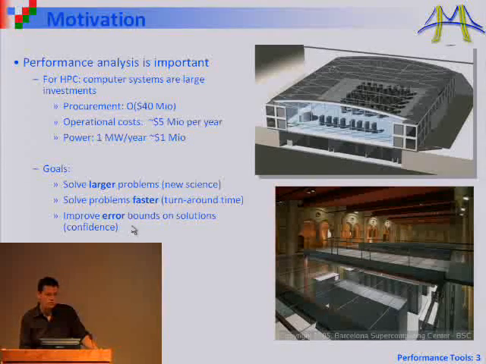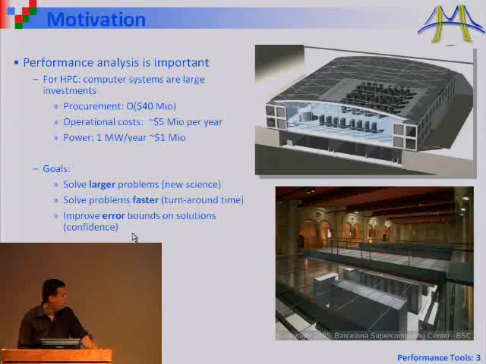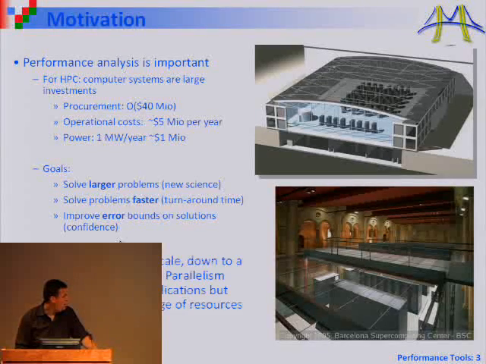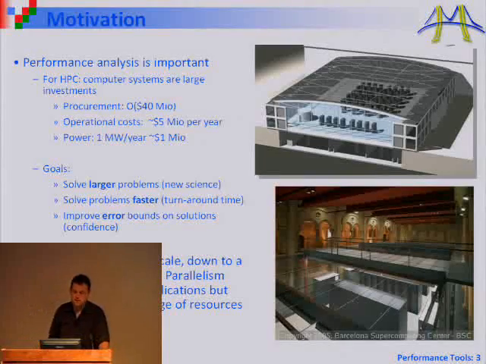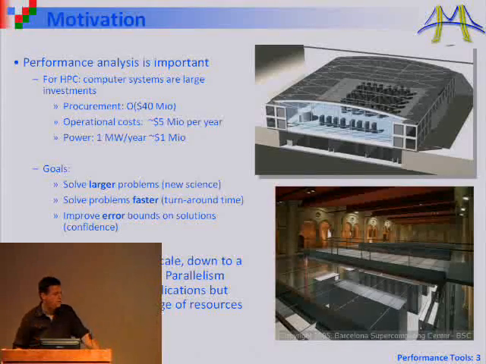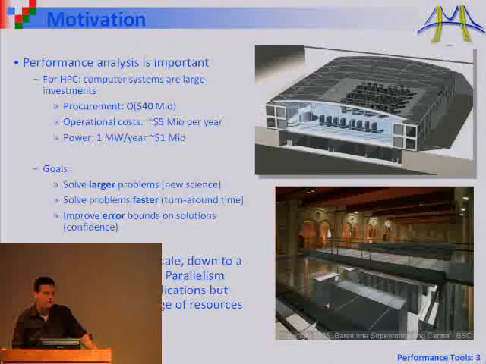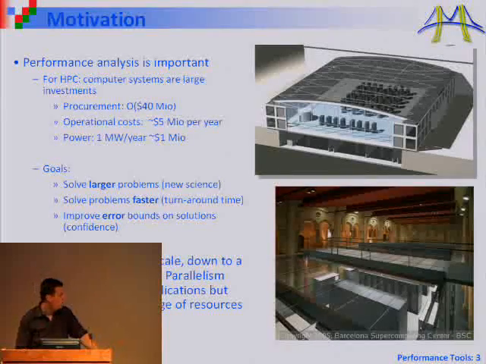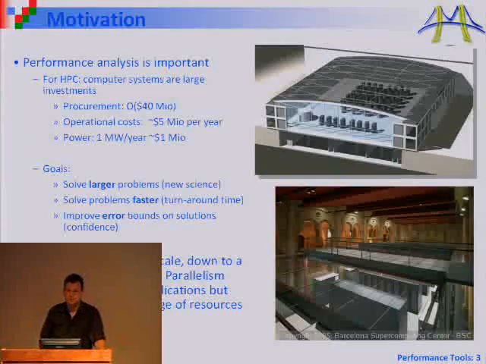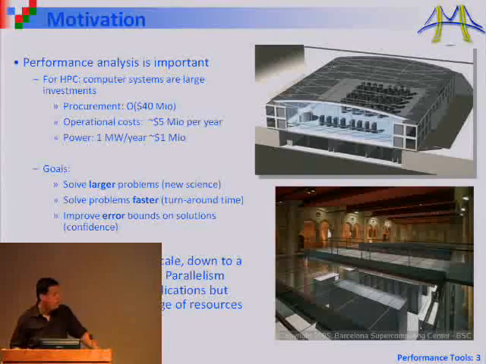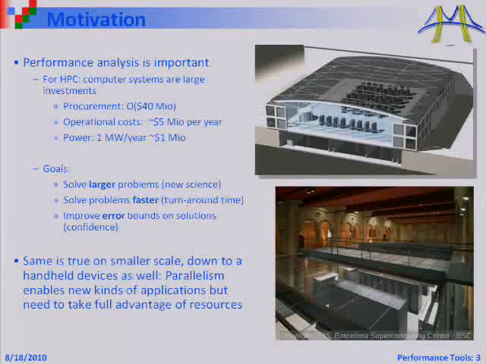Or it allows you to improve the error bounds on your simulations and thus to increase the confidence in your solutions. But also really on a smaller scale and down to handhelds, parallel performance is still important because in the end it's the parallelism that's supposed to enable new kinds of applications. But to be able to do that successfully, you have to really take the full advantage of the resources that you have, and you have to know where you lose performance maybe on the way.